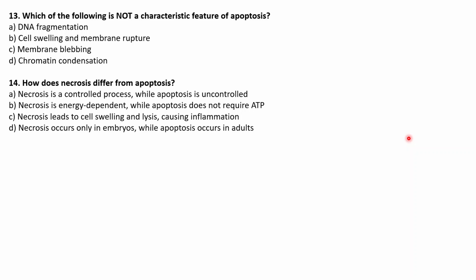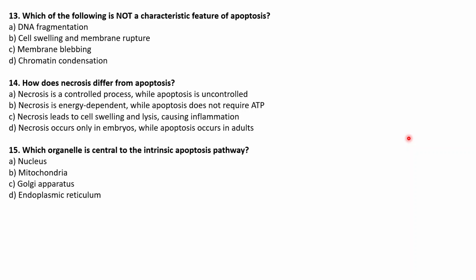Let me know. Yeah, you're right. It is option C. Necrosis leads to cell swelling and lysis, which can cause inflammation. So it's an inflammatory cell death. So for the 14th, the answer is C option. Okay. All right. Next question.